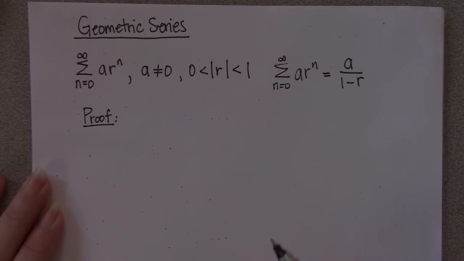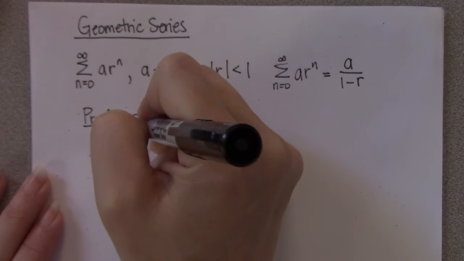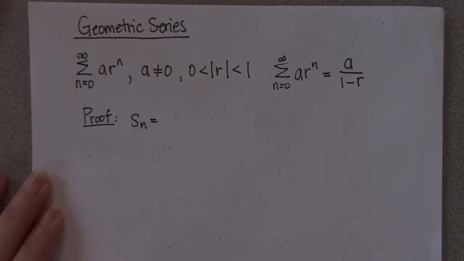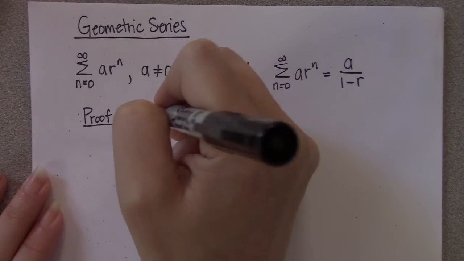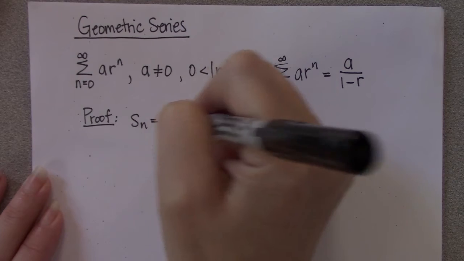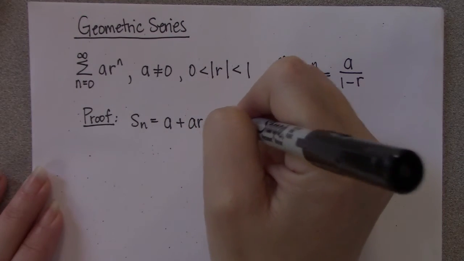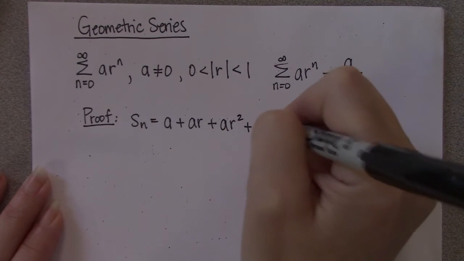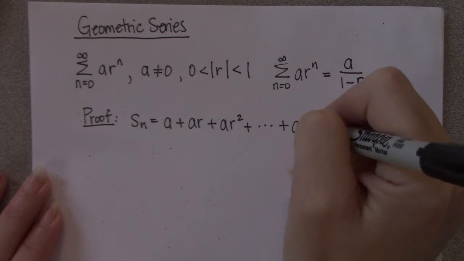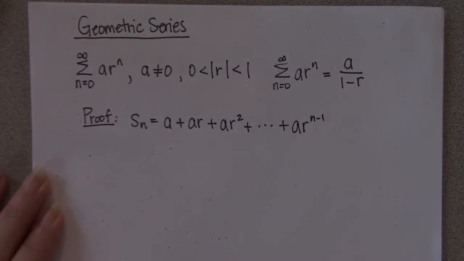So if you look at the nth partial sum of this series, you're going to get a plus a times r plus a r squared all the way up to a times r to the n minus 1.